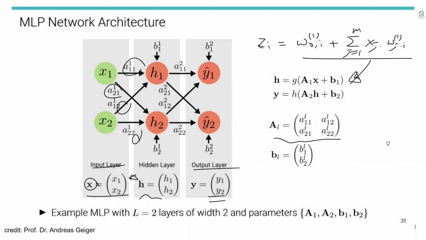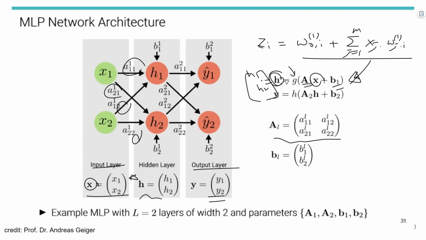Then the notation becomes very simple, because to get the hidden layer, which is H1 and H2, this is simply this matrix and vector product plus the bias, and then an activation function.